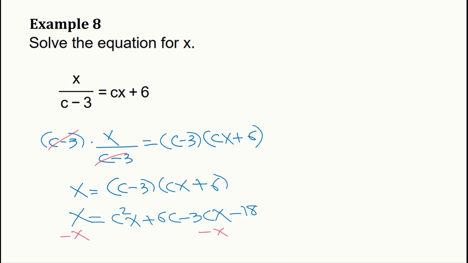And don't forget that the 6c and the negative 18, we're going to want to move to the other side, right? So we're going to go ahead and take care of it all at the same time. We'll subtract 6c from both sides. And we'll also add 18 to both sides, right?